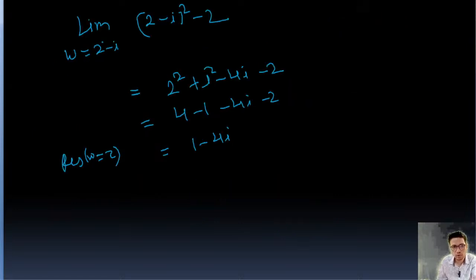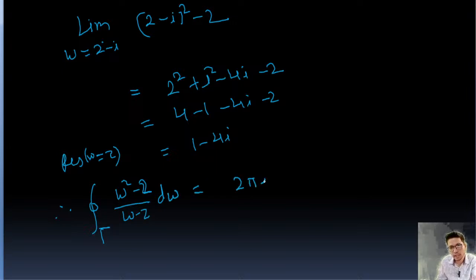It means the value of this closed contour integration of w square minus 2 upon w minus z, dw, is going to be 2 pi I into the sum of residues.